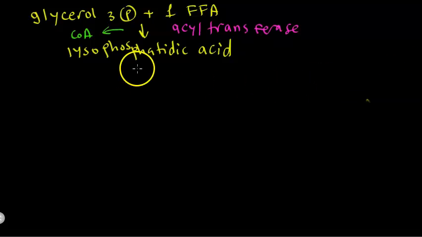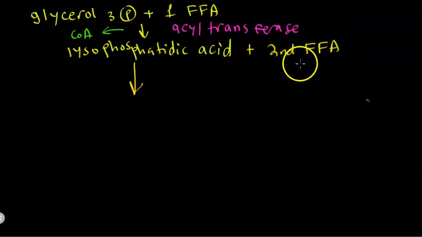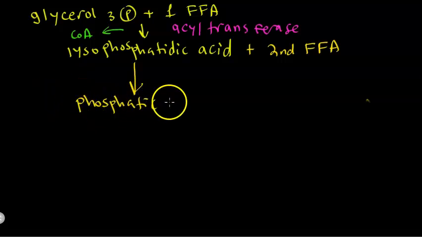Then we're going to add our second free fatty acid to this lysophosphatidic acid, and we're going to form phosphatidic acid. Phosphatidic acid has 2 fatty acids bound to glycerol 3-phosphate.